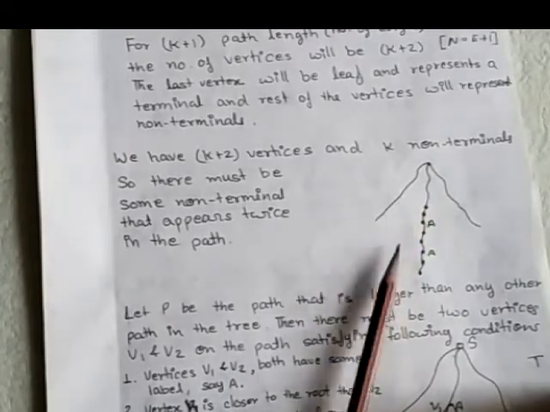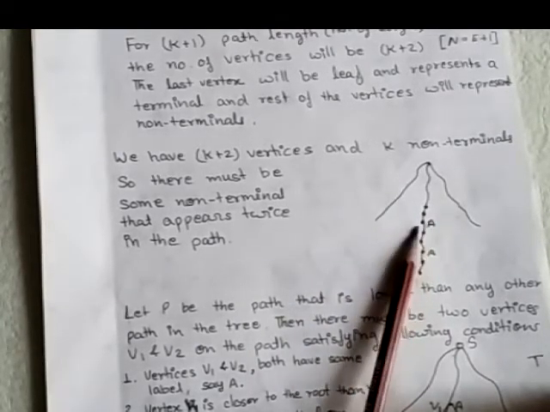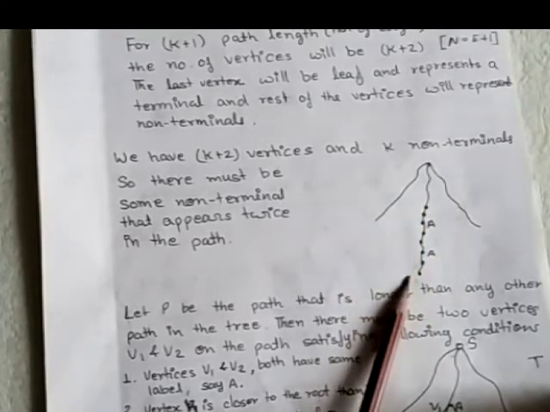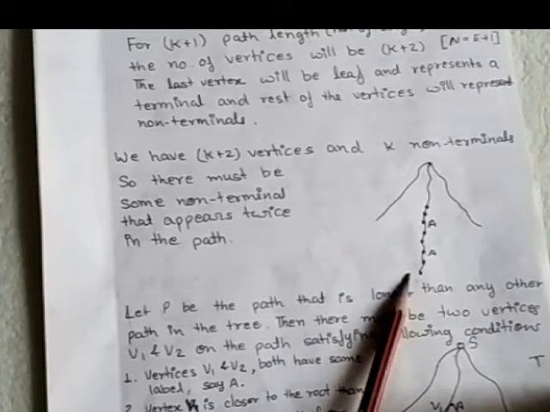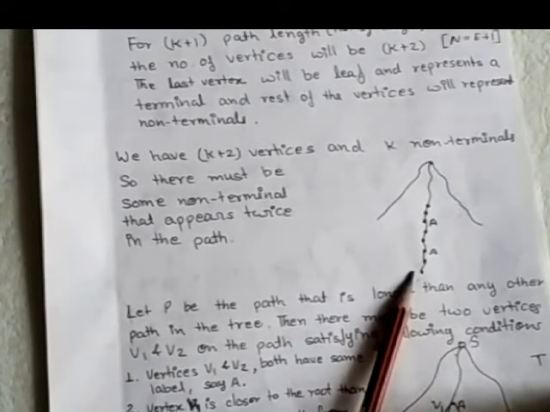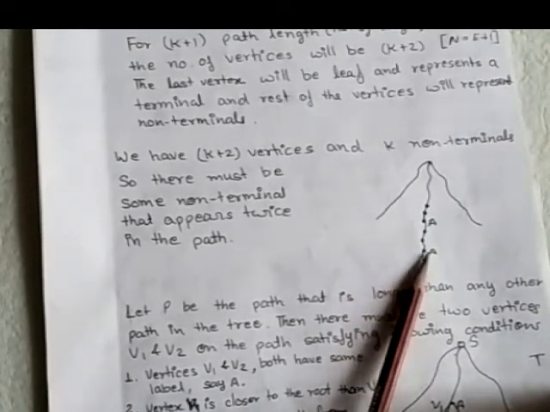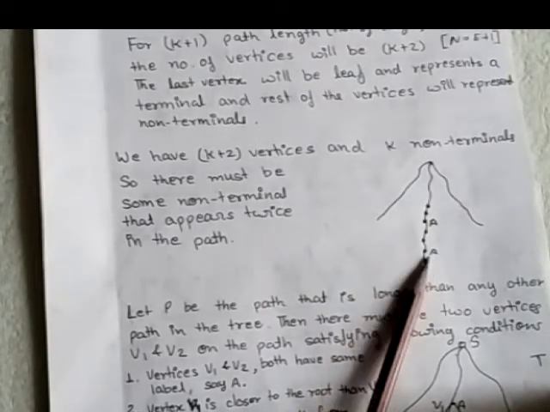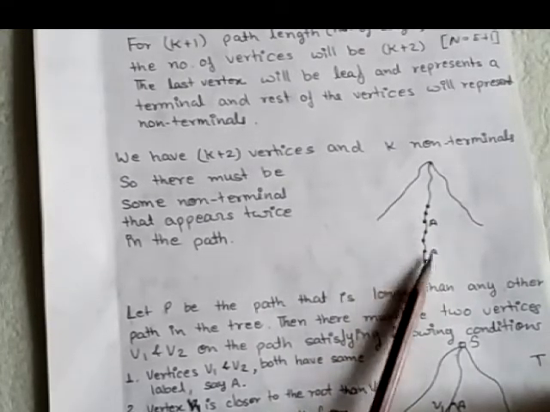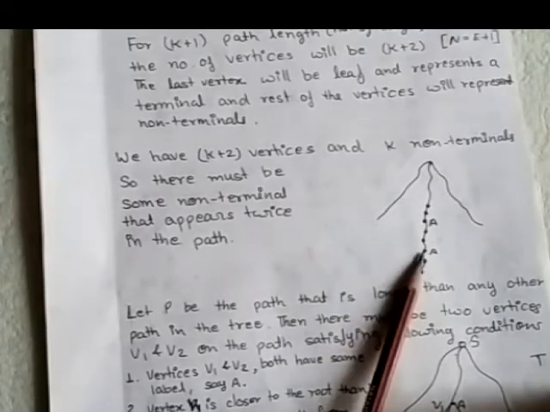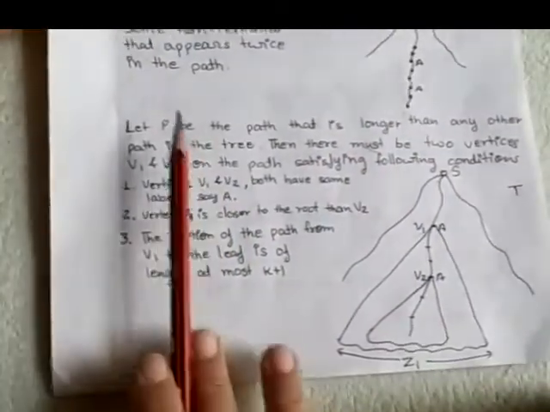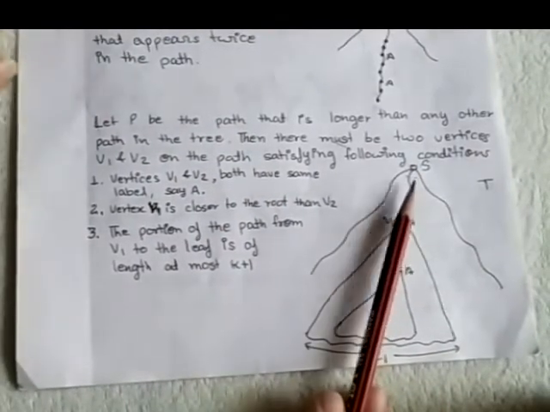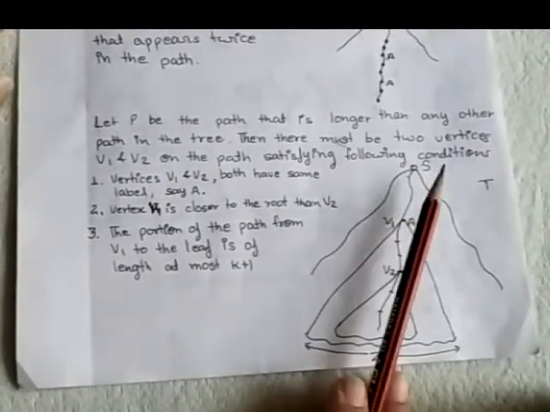Suppose we have a non-terminal A; we have k plus 2 nodes but the non-terminals are k, and one of these non-terminals is A, then obviously this A will appear twice, or any non-terminal may appear twice.